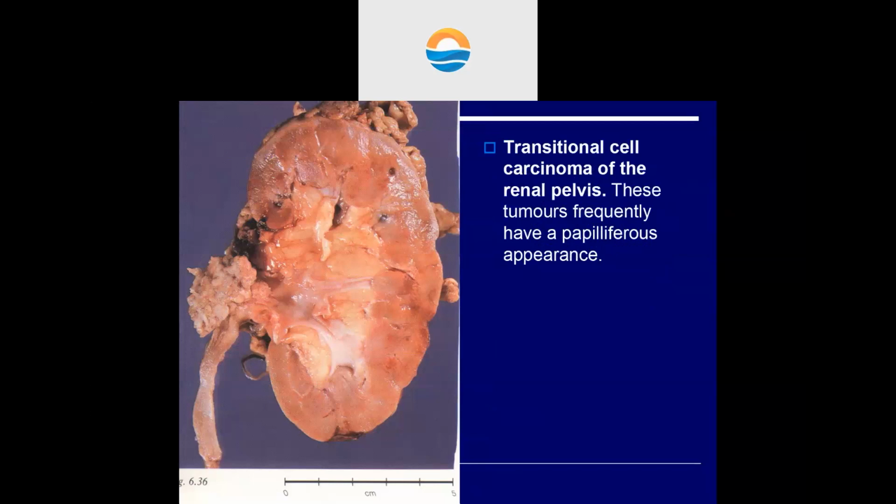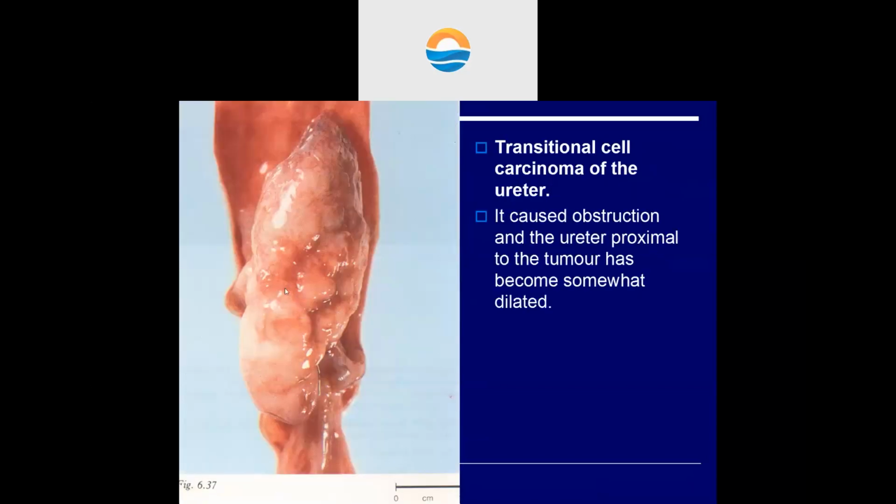Transitional cell carcinoma of the renal pelvis. Here, look, this tumor. You see a lot of papillae on the surface, so papilliferous appearance of the tumor. Transitional cell carcinoma of the ureter. It caused obstruction and the ureter proximal to the tumor has become somewhat dilated.